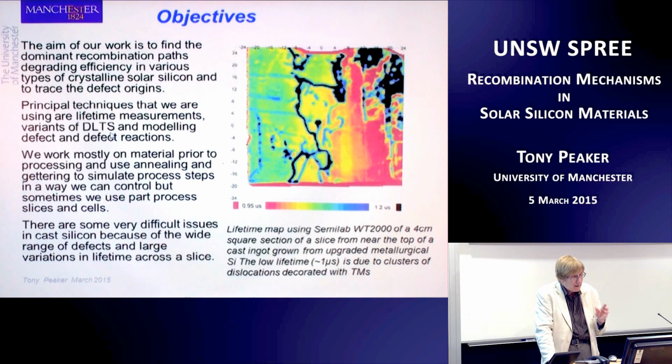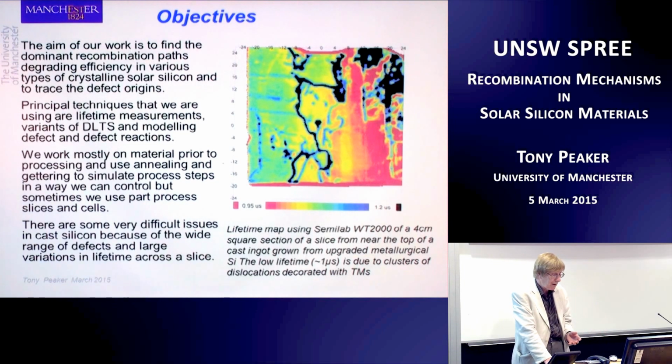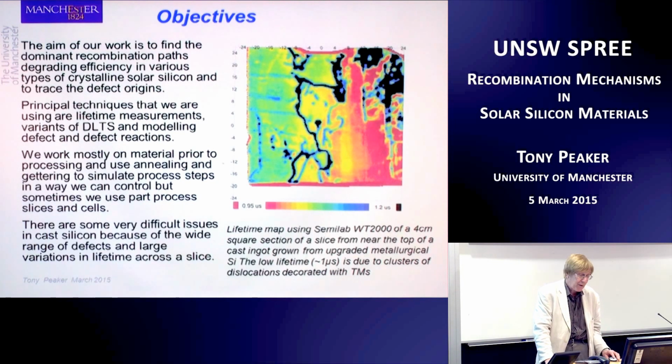So this is actually looking at the concentration of specific defects in a Schottky barrier or a p-n junction. Most of the work we've done is on just the starting material, but sometimes we put in process steps, annealing and gettering, as a simulation of what will happen to it during the production cycle. And sometimes we use part processed silicon and cells.